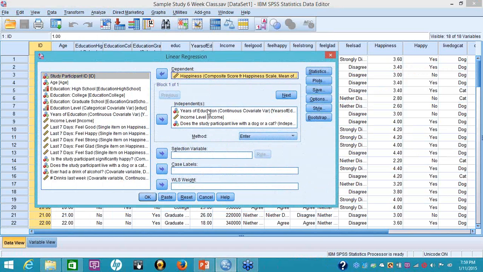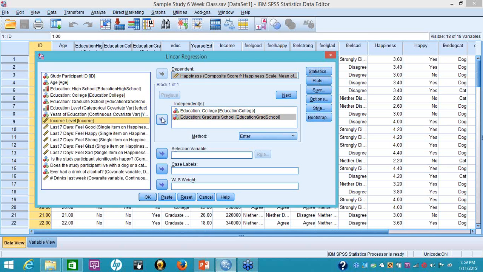So we have happiness. Let's take these out so we could put them in one at a time. Okay, so first, remember we said we had to leave one group out, our reference group. Let's say we left out high school, and we put in the dummy code for college and graduate school.